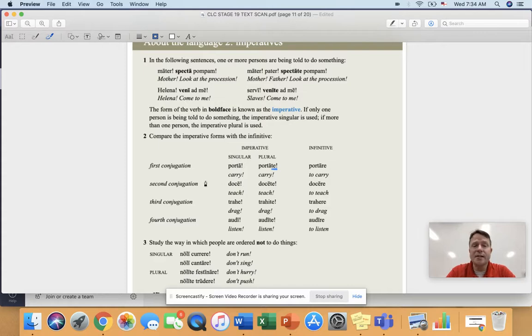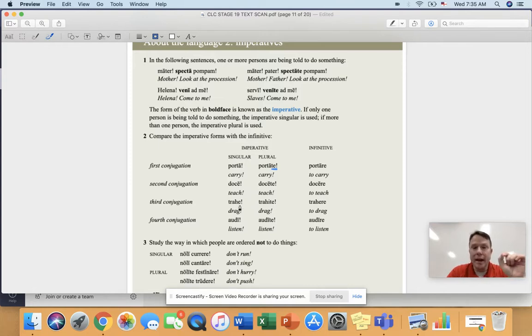Same thing with a second conjugation verb. Remember, second conjugation verbs are like doceo, docere, with the eo in the first principal part and the long e in the infinitive. So here it's doce, and that e is just because it's the second conjugation. In the third, traho, trahere, duco, ducere, with the short e.